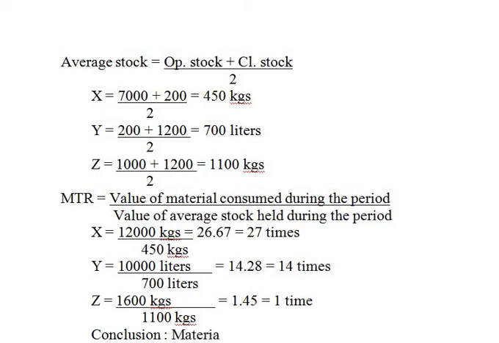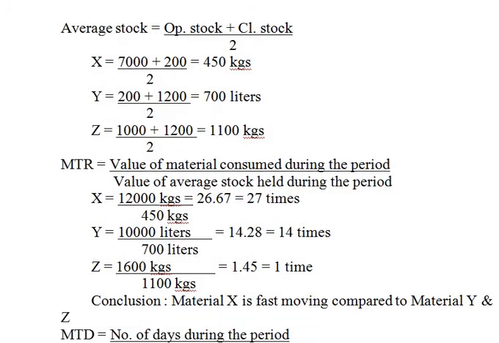So material X is fast moving compared to material Y and Z, as its material turnover ratio is high.